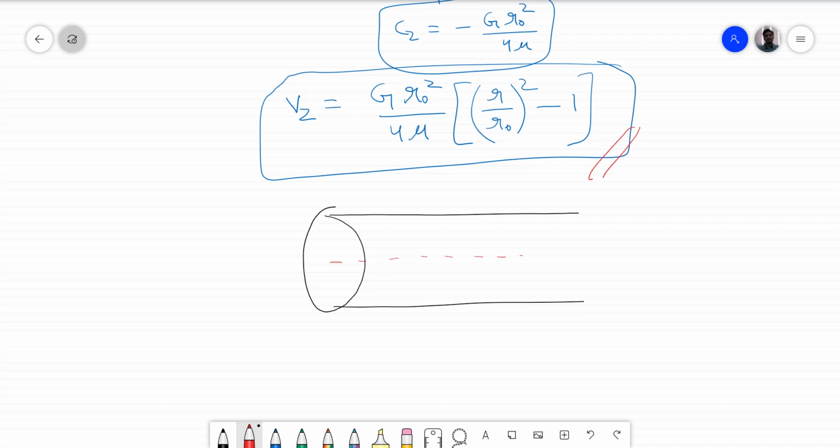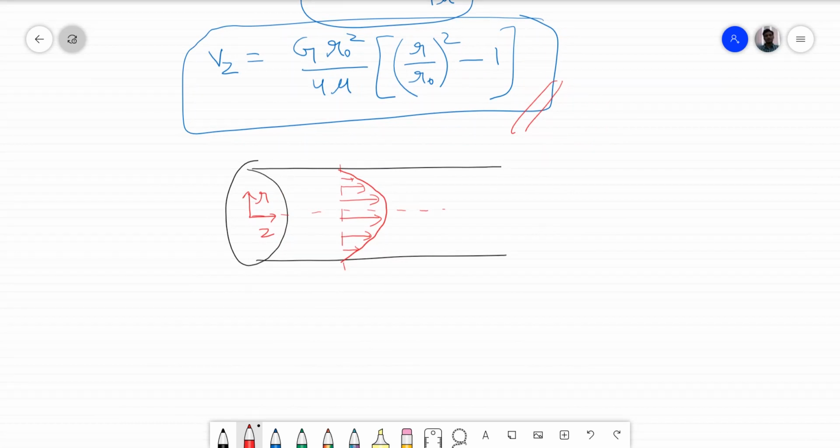You'll get a maximum at r equal to 0, and at any cross section you can draw the velocity field, which will be a parabola in this case in the RZ plane. And if you draw the three-dimensional velocity field, it will be a paraboloid. So the velocity field is a paraboloid in 3 dimensions and a parabola in the RZ plane. This is R, this is Z.